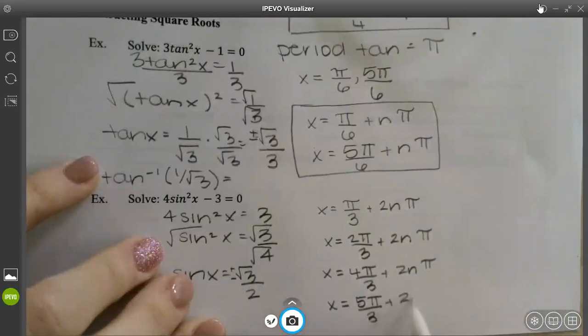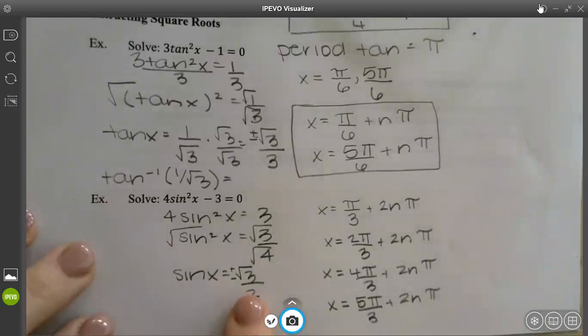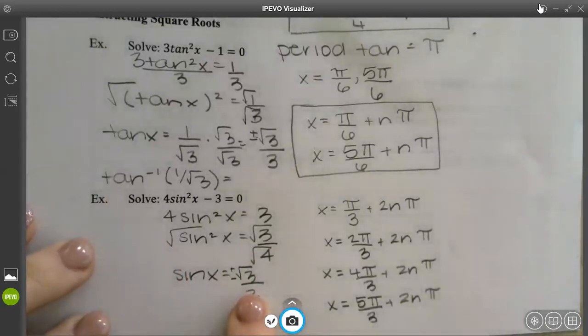Does anybody not know what I'm talking about right there? On the unit circle, yes, that have square root of 3/2, whether it's positive or negative. You have 4 because there are 4 places that I would have a positive square root of 3/2 y or a negative square root of 3/2 y.